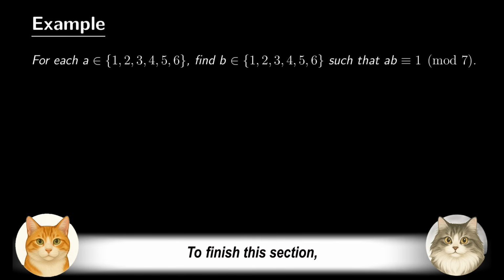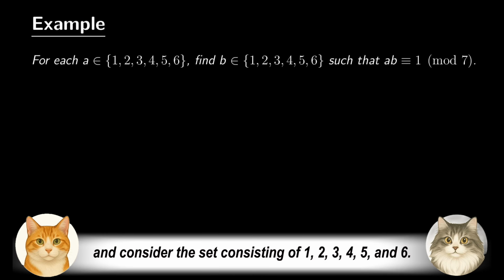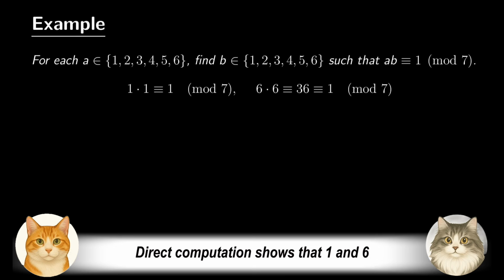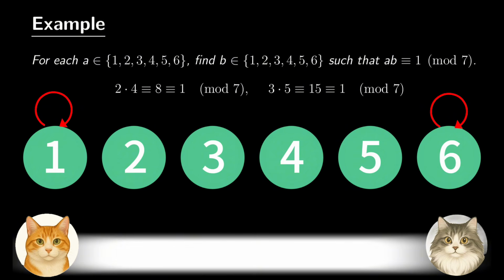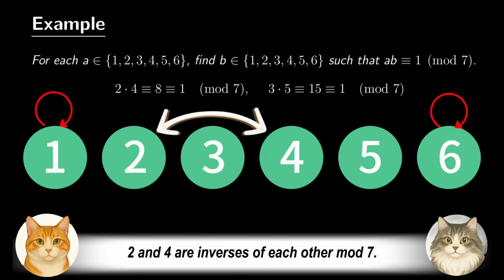To finish this section, let us study a concrete example by taking p equals 7, and consider the set consisting of 1, 2, 3, 4, 5, and 6. Direct computation shows that 1 and 6 are each their own inverse mod 7. On the other hand, 2 and 4 are inverses of each other mod 7. Similarly, 3 and 5 are inverses of each other mod 7.